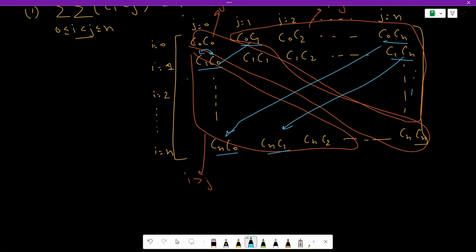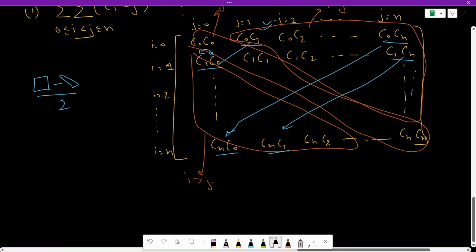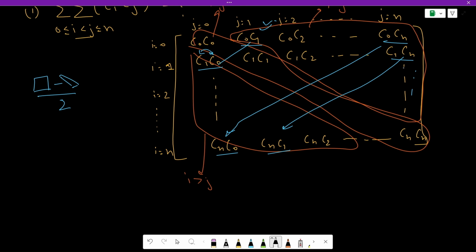So now what we need to find is the complete matrix minus the diagonal, divided by 2. This is what we need to get the upper triangular sum, right? As you know, the sum of this complete matrix will be sigma ci cj, i equal to 0 to n, j equal to 0 to n.